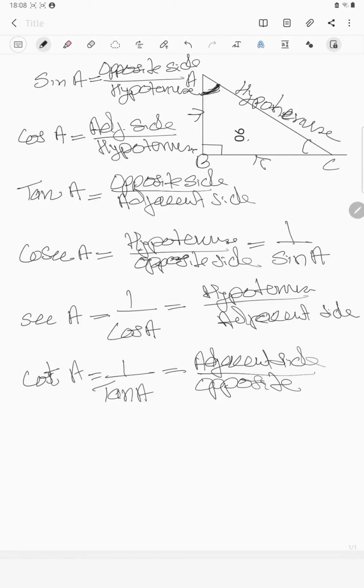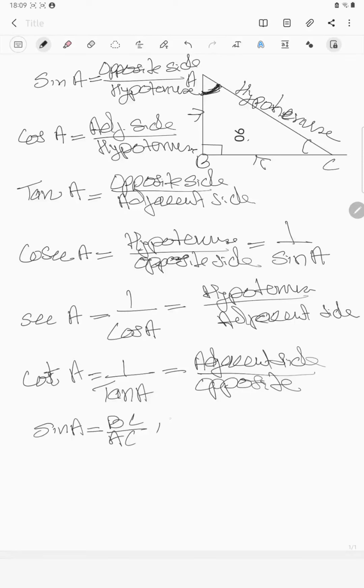So, there are 6 trigonometrical ratios. I have taken out all the ratios with respect to angle A. Now, let us see what to write with respect to the measures of these sides. Sin A is equal to opposite, so it will be BC upon AC, AC is the hypotenuse.